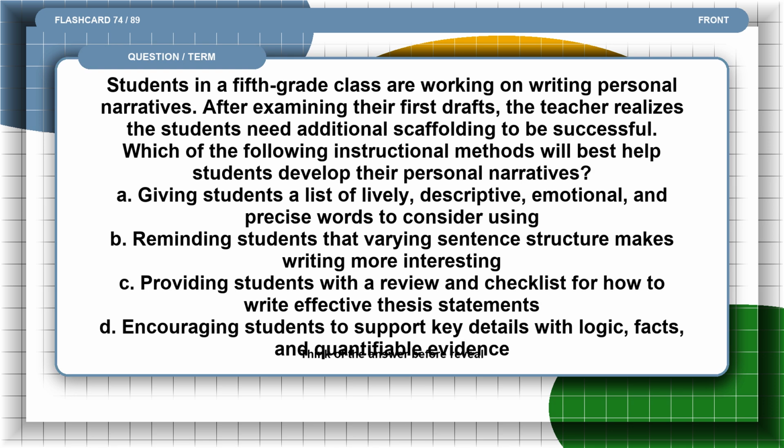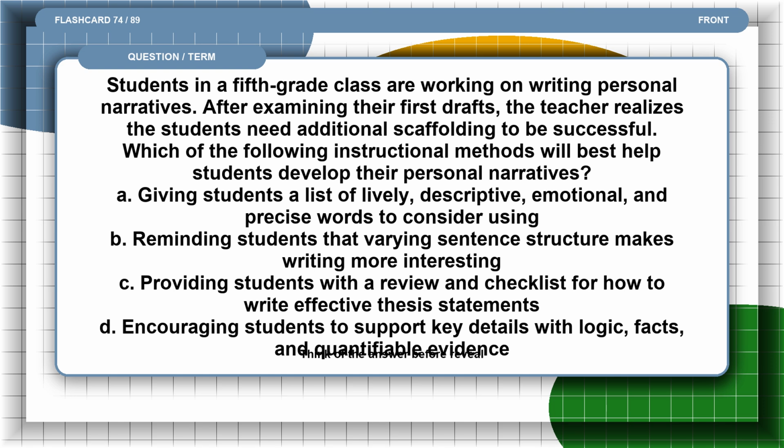Flashcard 74. Students in a 5th grade class are working on writing personal narratives. After examining their first drafts, the teacher realizes the students need additional scaffolding to be successful. Which of the following instructional methods will best help students develop their personal narratives? A. Giving students a list of lively, descriptive, emotional, and precise words to consider using.